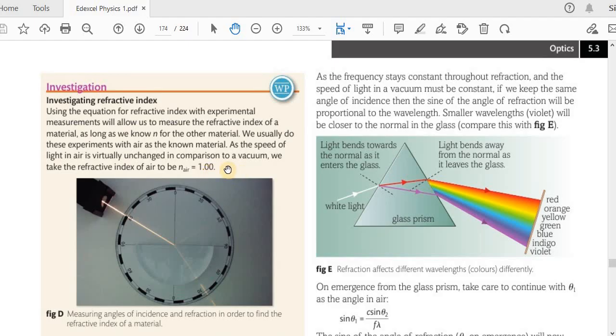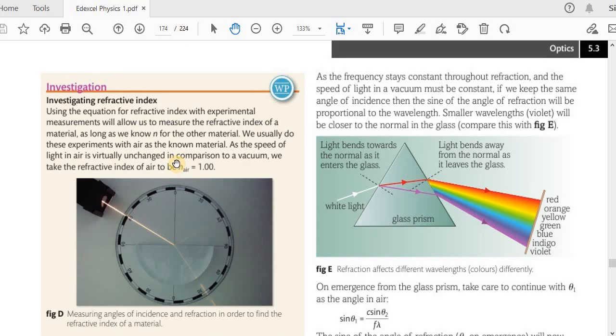So remember, it's the refractive index in vacuum divided by the refractive index in the certain material. Now in the case of air, refractive index is the speed of light in vacuum divided by the speed of light in the medium. Now in this case the medium is air, so approximately the speed of light in vacuum is the same as the speed of light in the medium.